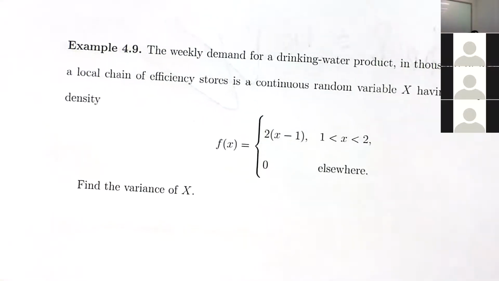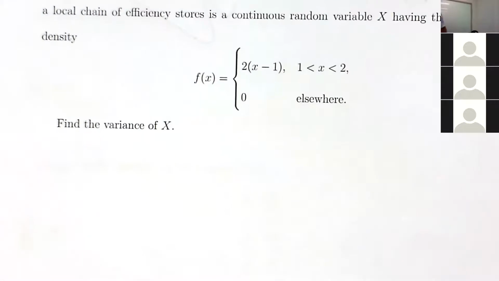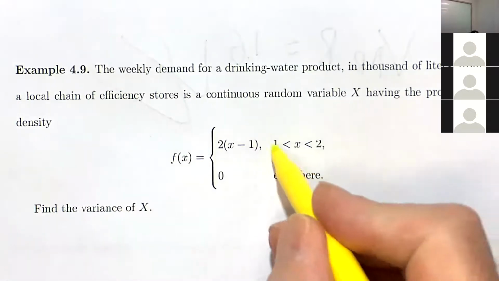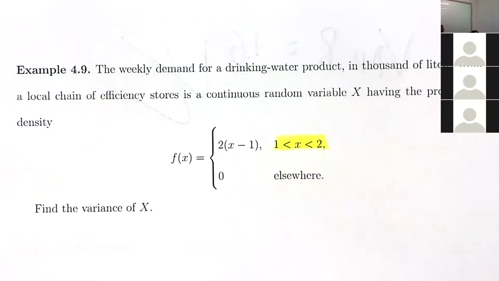Example 4.9. We have now the continuous case. Just have a look. X can take any value from 1 to 2.